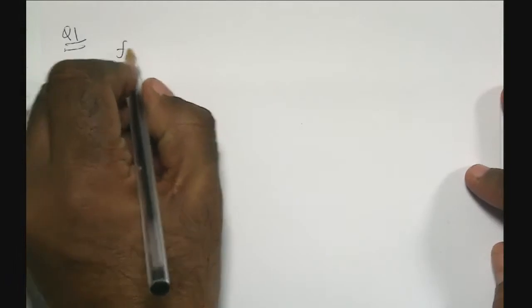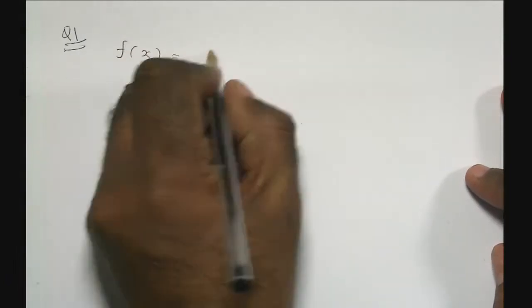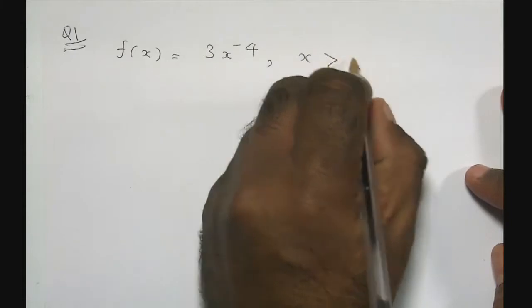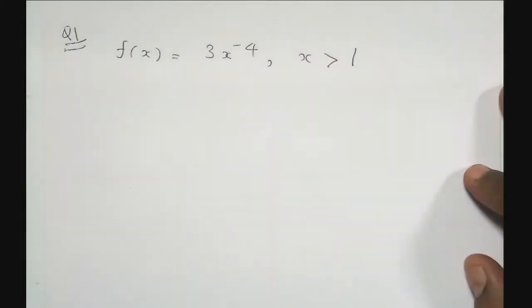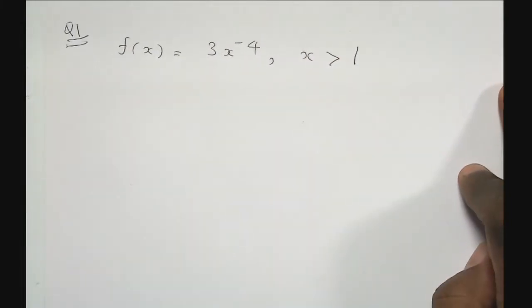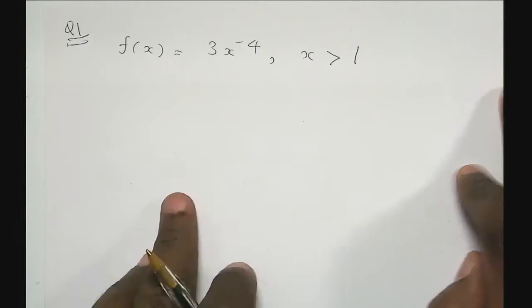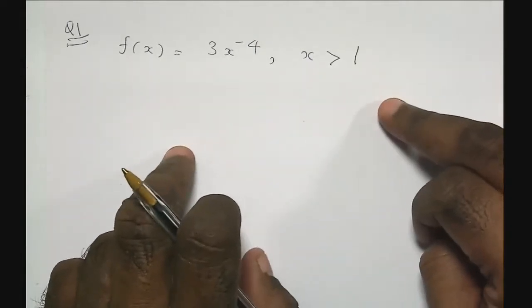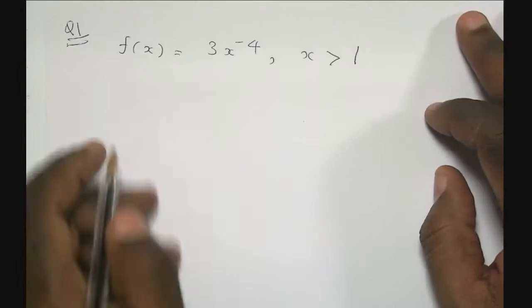Question 1 is, you have f of x equal to this, and we want to show that the MGF for this distribution does not exist when t is greater than 0.